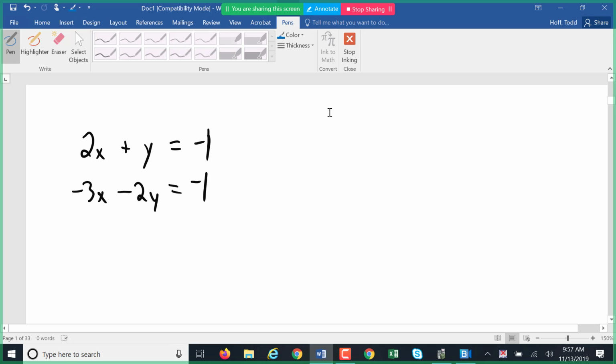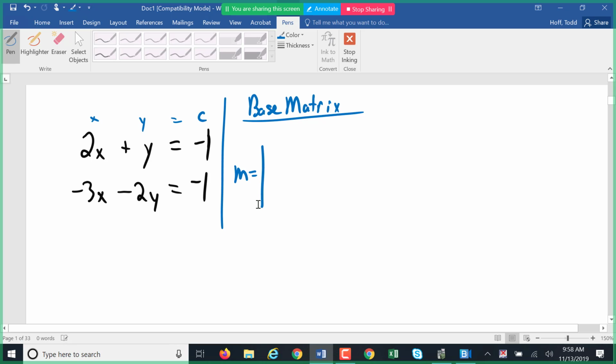So what I'm going to have you do, notice this is already set up with the x's, the y's, equals, and then the constants. We're just going to start out by setting up the base matrix. That's the matrix M. Set up that matrix quick in your notes and determine its determinant.